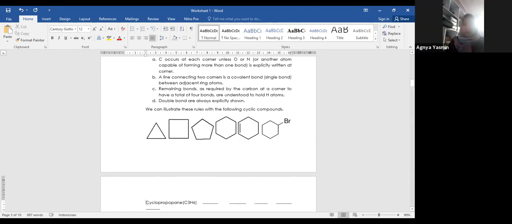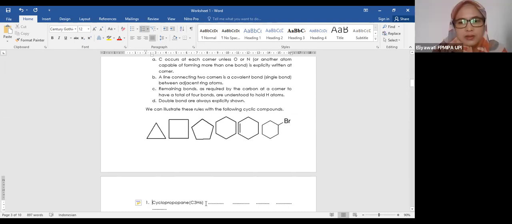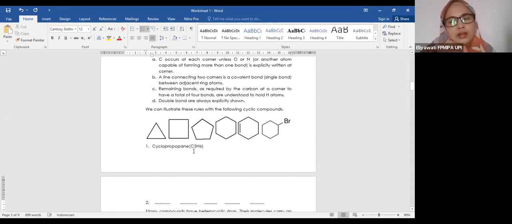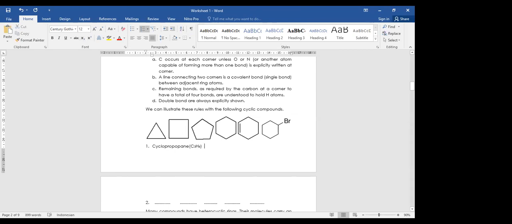Now I will remind you about how to write down the chemical formula. Don't forget to make it subscript, because sometimes I found that you still write it not as subscript.